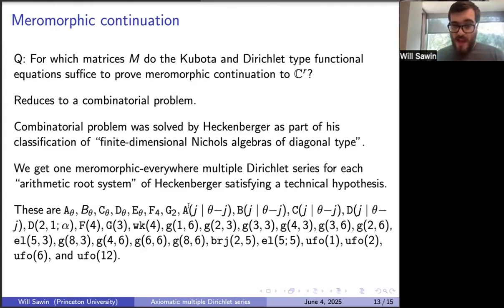Then the next set, which have a lot of parameters, the A, B, C, D, F, G, are all root systems of super Lie algebras, so Lie algebras in graded vector spaces. There exist such things, and there are root systems, and they correspond to multiple Dirichlet series. A couple of the examples that are previously known are type A here, so they're super versions of SL2 and SL3, or of SL3 and SL4.